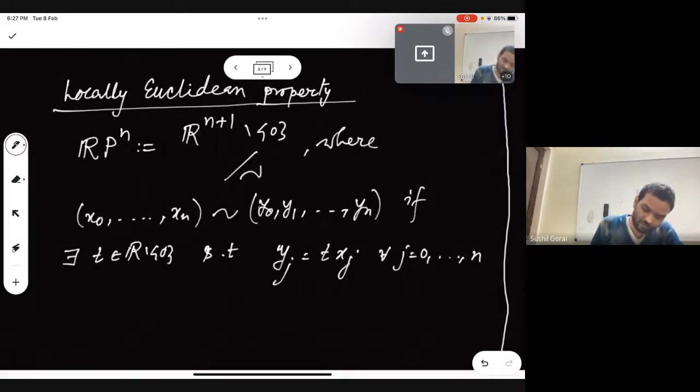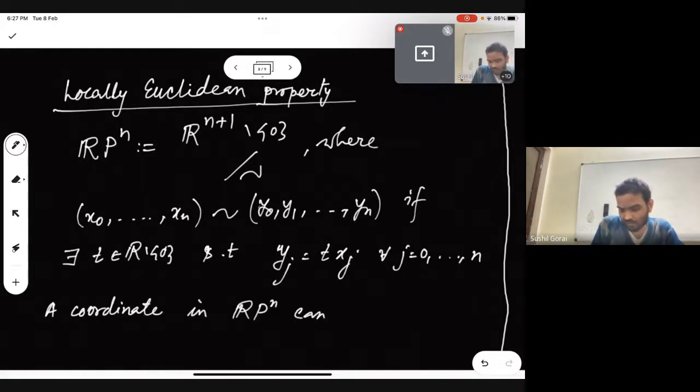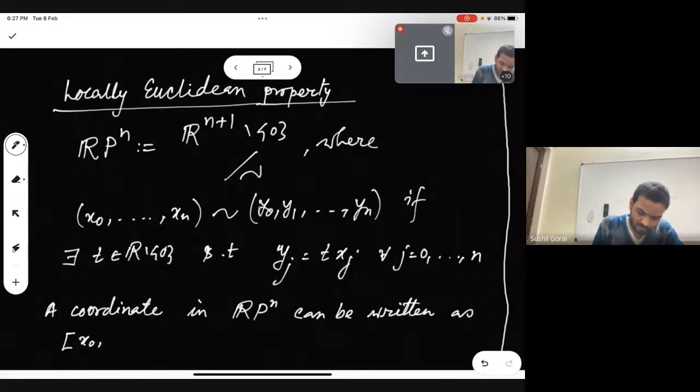All right, so a coordinate in RPN can be written as the bracket [x0, x1, ..., xn]. Did I write the notation correctly? Just a minute, let me check this.